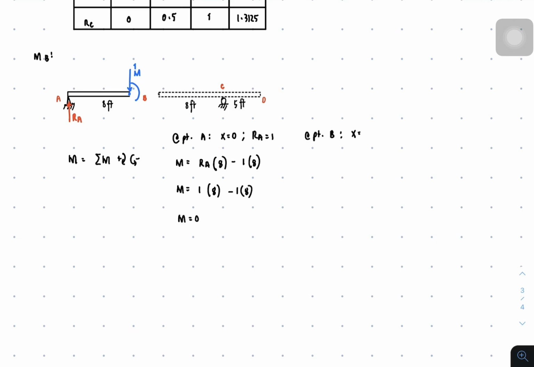Okay, so X now is equal to 8, therefore RA is equal to 0.5.